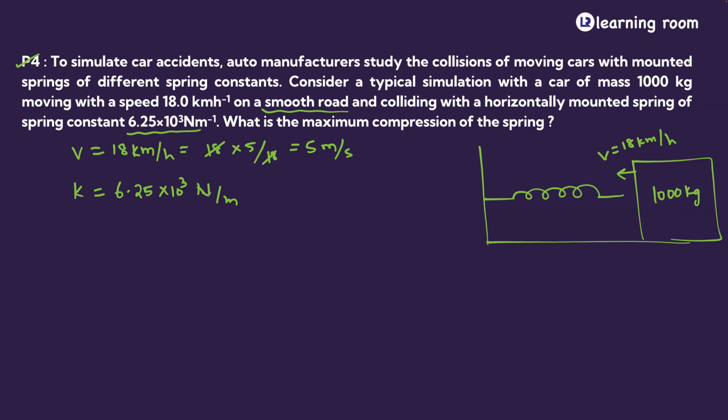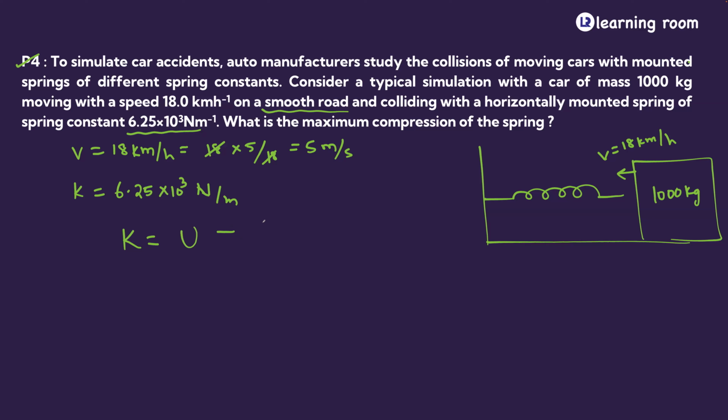Tell me which energy is getting converted to another energy. Kinetic energy is what is initially present for the system. When the maximum compression has taken place, what will happen to the car? It will stop. So kinetic energy is completely getting converted to the elastic potential energy. So kinetic energy is equal to the elastic potential energy.